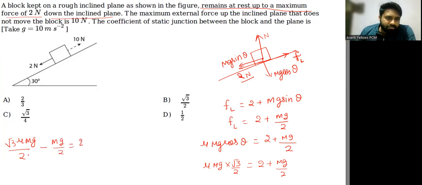In this equation, we will take mg as common. So this will become root 3 mu minus 1 into mg by 2 is equal to 2.